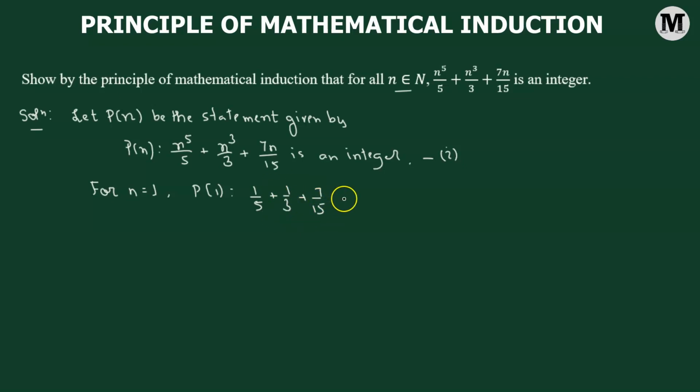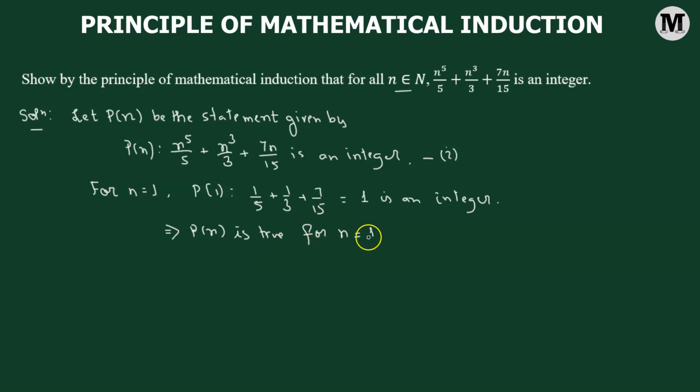When we add all three of these fractions, we get the value 1. And 1 is clearly an integer, which means that our statement P(n) is true for n equals 1.